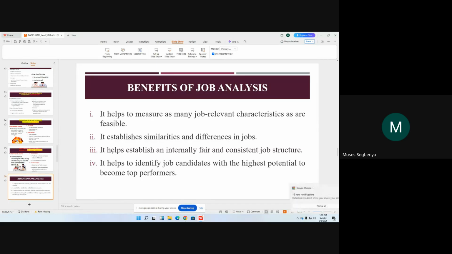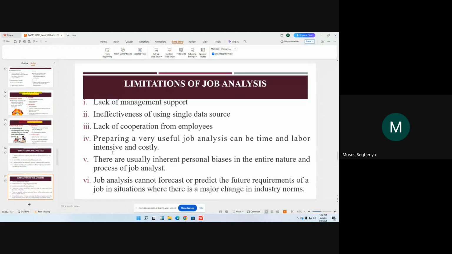And then it helps to identify job candidates with the highest potential to become top performers. So if you do your job analysis very well, definitely you'll be able to know who the top performers are and how to move them, to grow them, to become better persons.